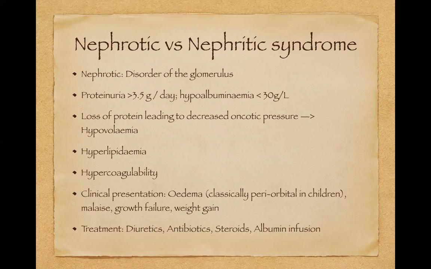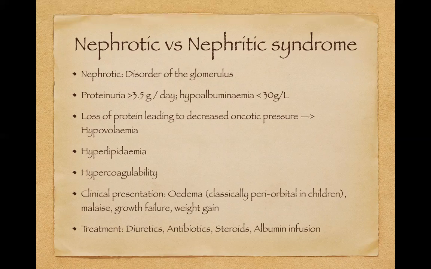These patients lose a lot of protein in their urine, and they usually get a hypoalbuminemia of less than 30 grams per liter. The loss of protein leads to a decrease in oncotic pressure, so often these patients can be quite hypovolemic and hypotensive when they present. They also have hyperlipidemia and hypercoagulability as a result of the protein losing nephropathy.